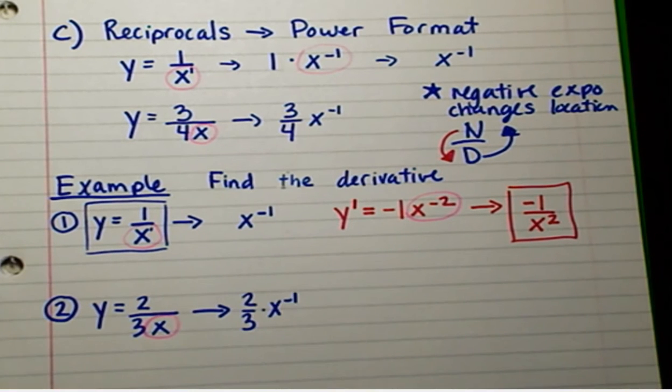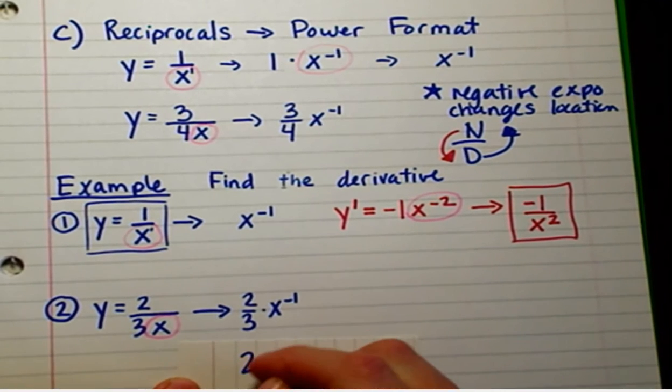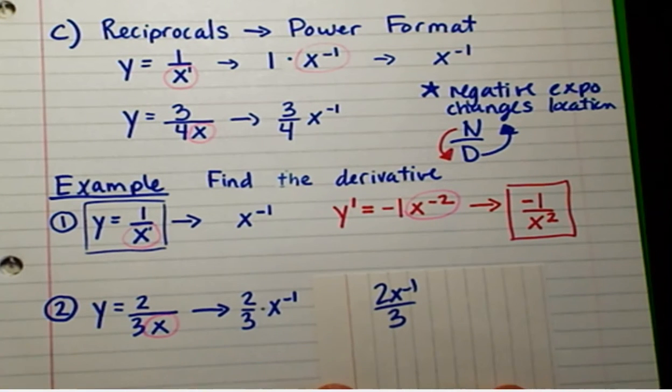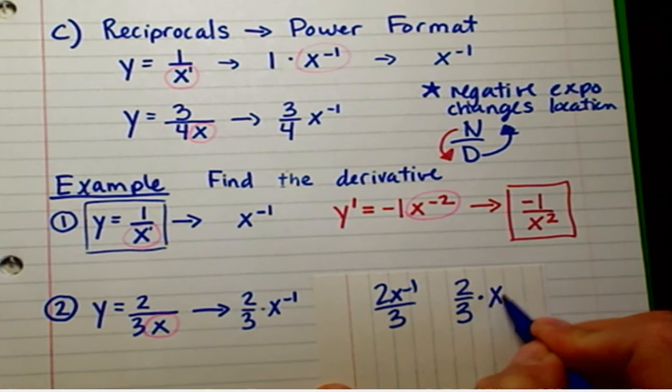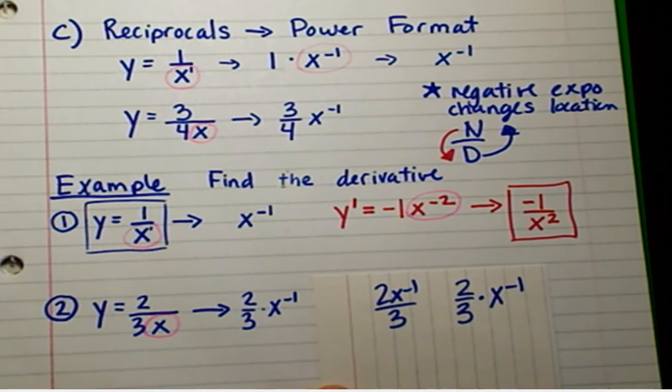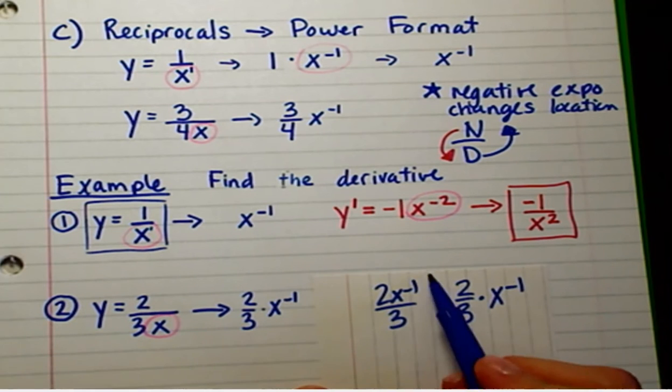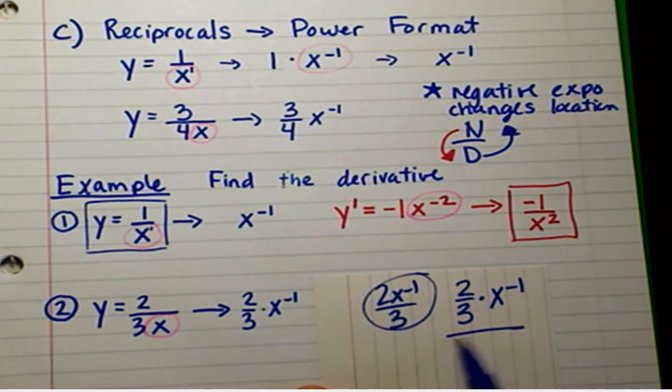Now, I prefer putting my x in front of the number. I don't like to write it like this. I like to write my coefficient in front of the x because it looks easier to me in terms of doing the power rule. So, not my favorite way to write it. I find this to be a lot easier.